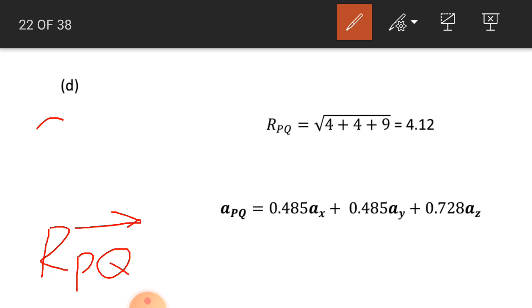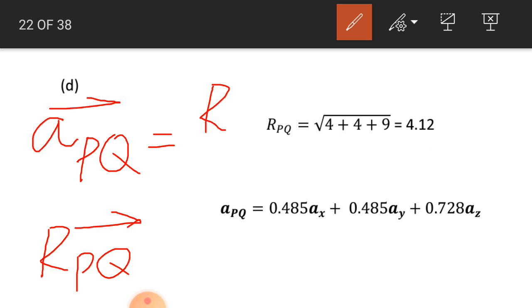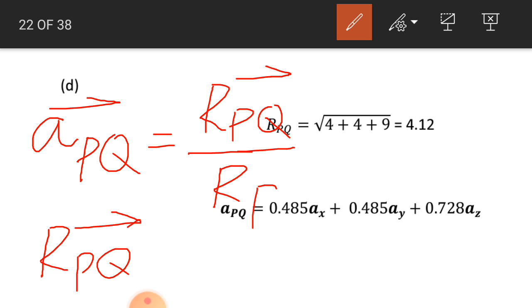We know that the unit vector in the direction of the distance vector RPQ will be equal to this vector RPQ divided by the magnitude of this vector. So we calculate the magnitude of this vector and we divide this vector by its magnitude. This mathematical process will give you the unit vector in the direction of the distance vector RPQ.